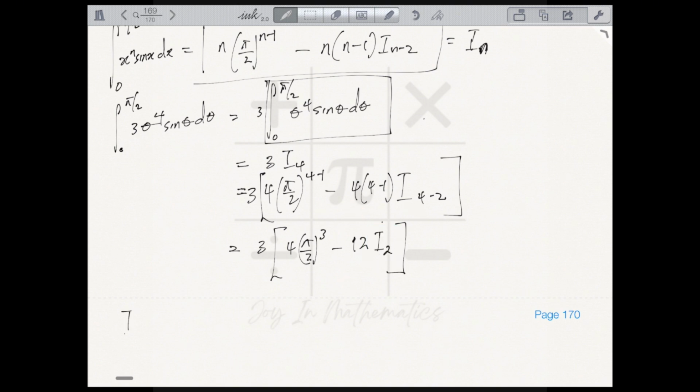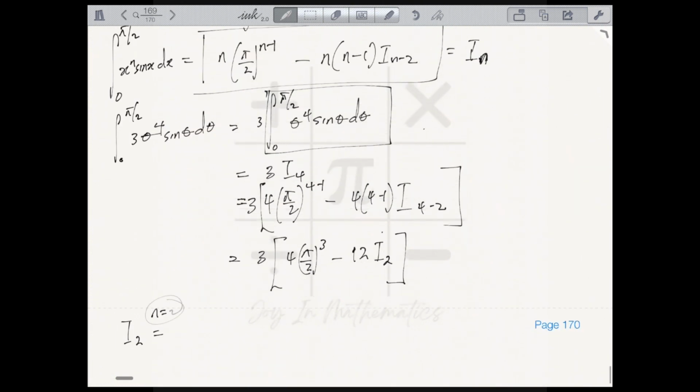So I2 will be when n is equal to 2 in In. So wherever we see n, we'll change it to 2. That will give us 2 into pi over 2 raised to power 2 minus 1, minus 2 into 2 minus 1 into I subscript 2 minus 2.